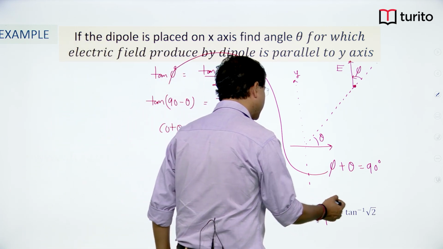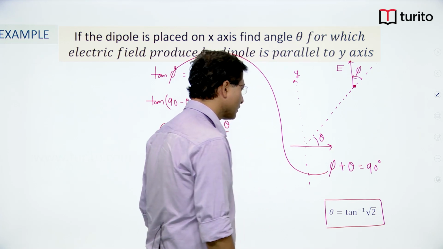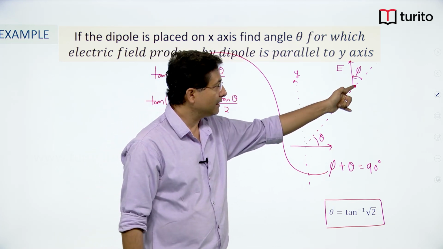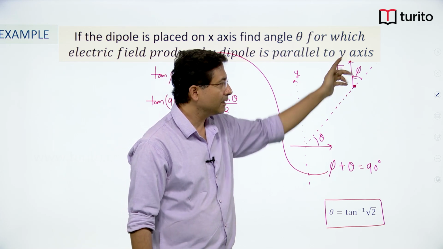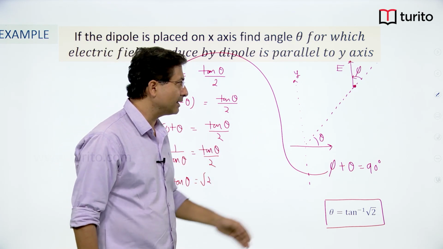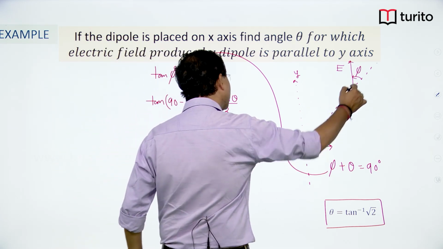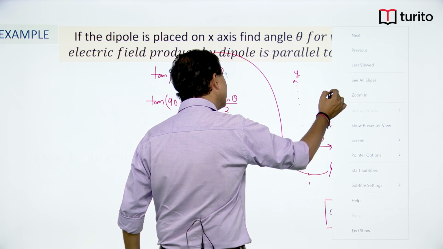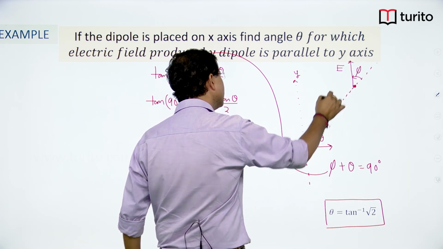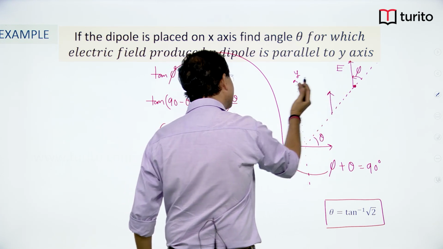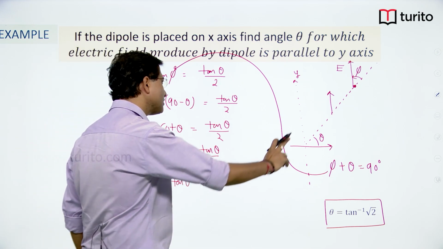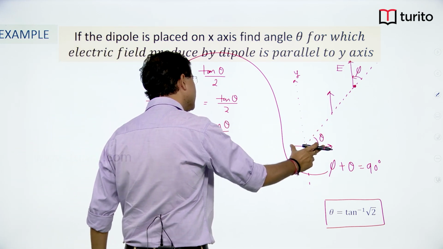So for this particular theta, the field at this particular point will be along the y-axis, right. So at any point at any distance you take, whether you take distance r dash or r double dash, everywhere the field, or net field, will be along the y-axis, parallel to the y-axis. But the condition is this separation must be quite large as compared to this separation.